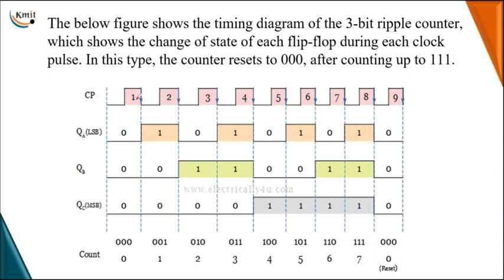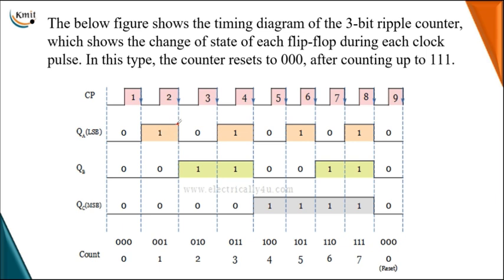Now using the clear input, let me reset all the states of these 3 flip-flops to the 0 state. Upon the falling edge of the first clock pulse, which is connected to the first flip-flop, QA will transfer from the present state of 0 to the toggle state of logical 1, and this continues till you get the next clock pulse. For every clock edge, the least significant flip-flop will toggle its state.